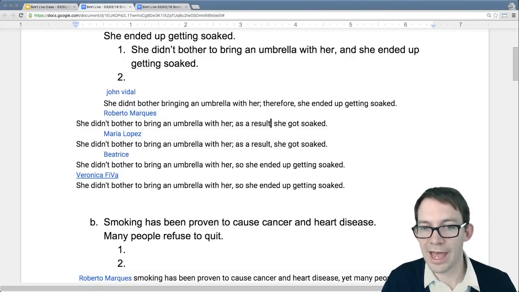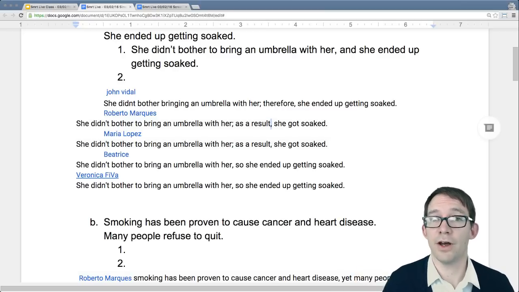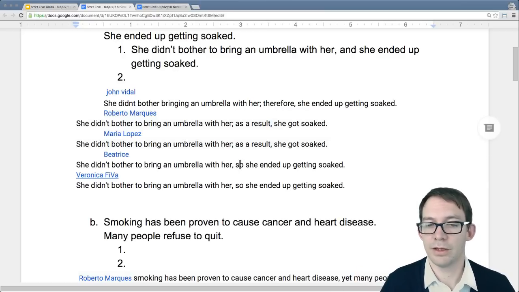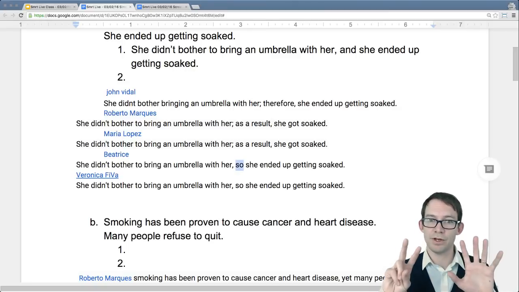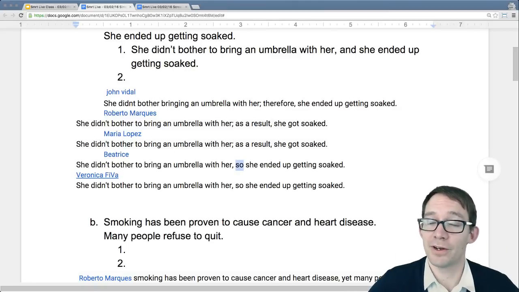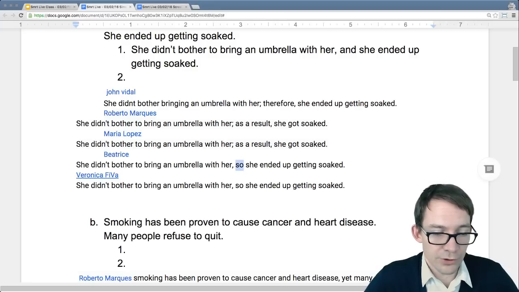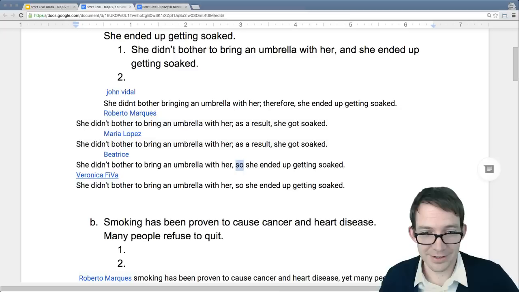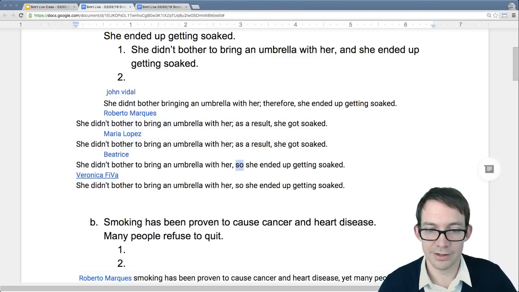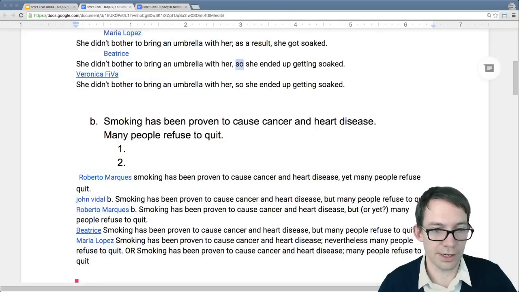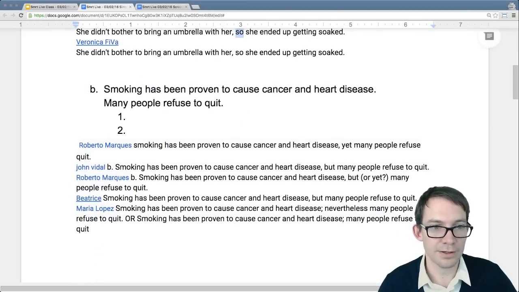When you're dealing with adverbs, you want to put the comma afterwards, but with those 7 fanboy words, you don't have to put a comma after, okay? And then you also have Veronica. She didn't bother to bring an umbrella with her, so she ended up, okay, that's the same answer, and it's great. Okay, let's go over a couple more of these.